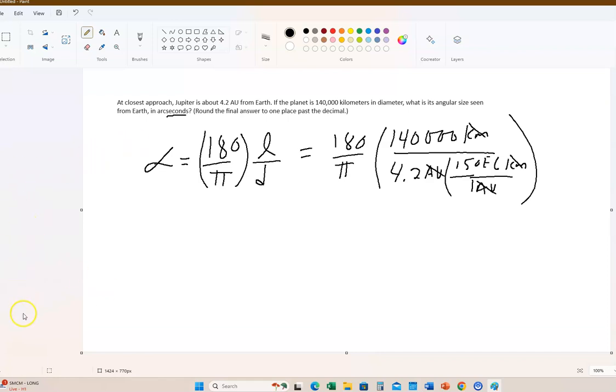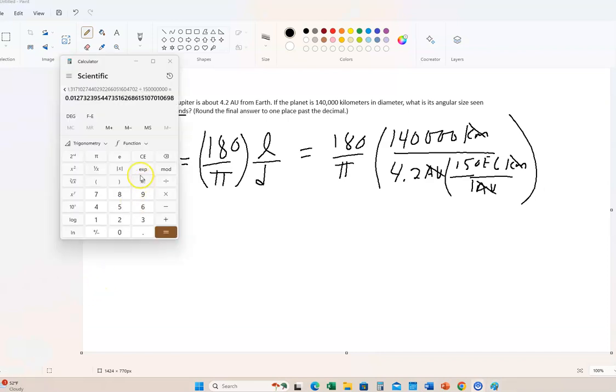But the answer will be in degrees. We're going to convert it to arc seconds by multiplying by 60 squared. So I put all this in the calculator. Alpha turns out to be 0.0127, and that's of course degrees. To put it in arc seconds, all I had to do was multiply by 60 squared.